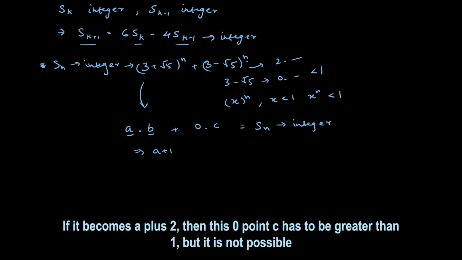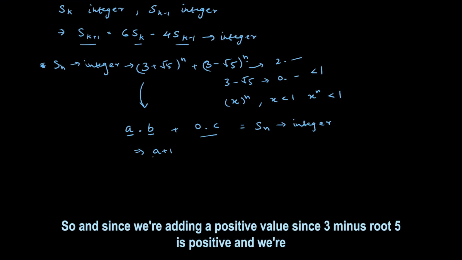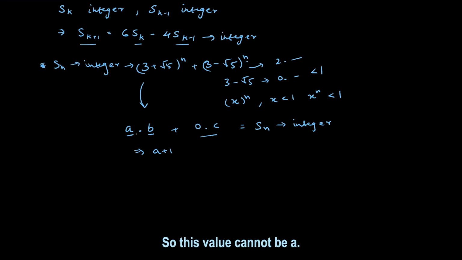If it becomes a plus 2, then this 0 point c has to be greater than 1, but this is not possible because it is always less than 1. And since 3 minus root 5 is positive, we're adding a positive value to a number that is greater than or equal to a. So this value cannot be a. So essentially this will be a plus 1, right? And this is always an integer.